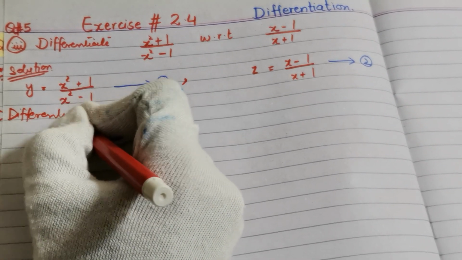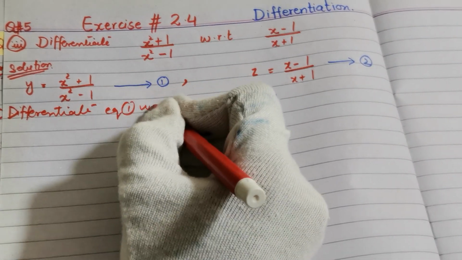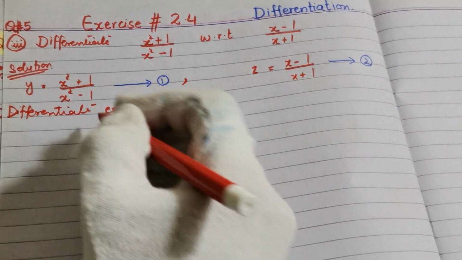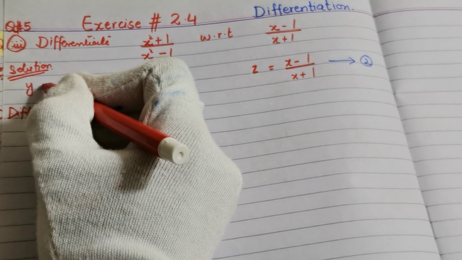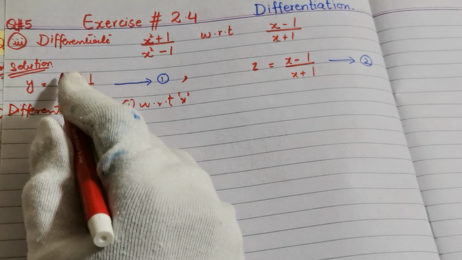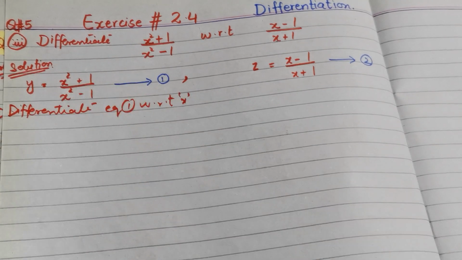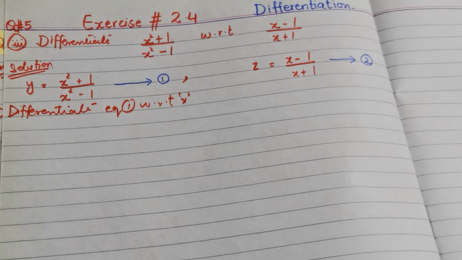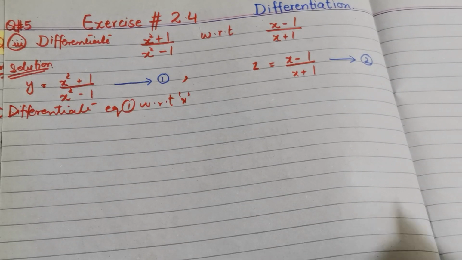Differentiate equation 1 with respect to x. Now we can see that this equation is in the form of a quotient, so we will apply the quotient rule. And what does the quotient rule say?